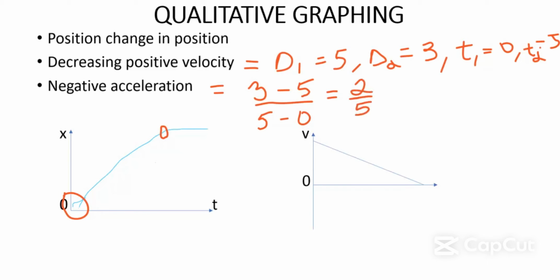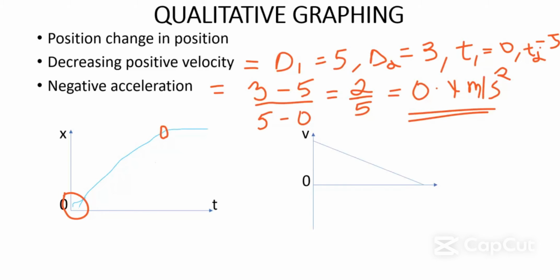So this has given us a decrease in value, right? This is a decrease in acceleration. 2/5 is going to be equal to 0.4 meters per second squared. That's the decrease in acceleration compared to the previous one.